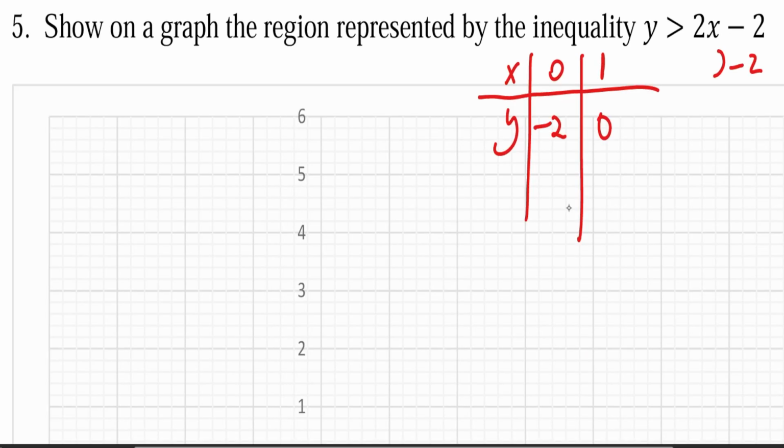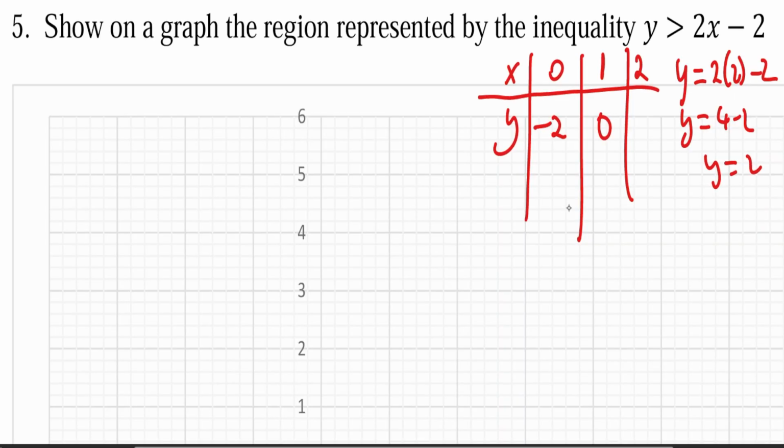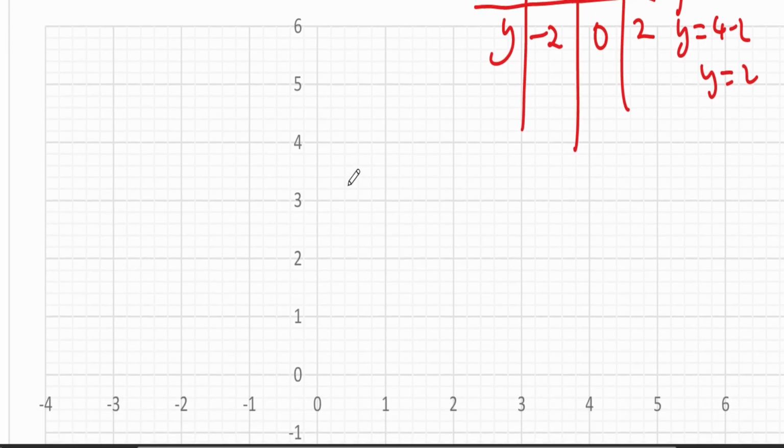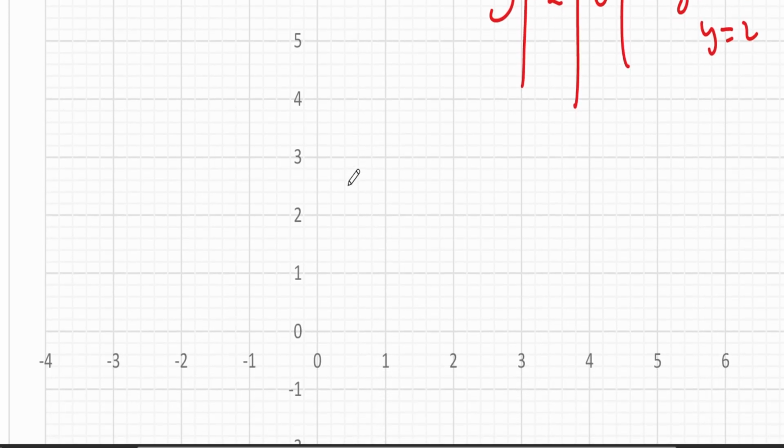I don't know why my video is behaving this way nowadays. So when x equals 2, y equals 2 times 2 minus 2, which gives you y equals 4 minus 2, which is y equal to 2. So that's enough.